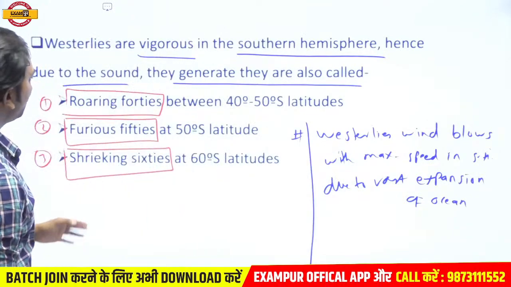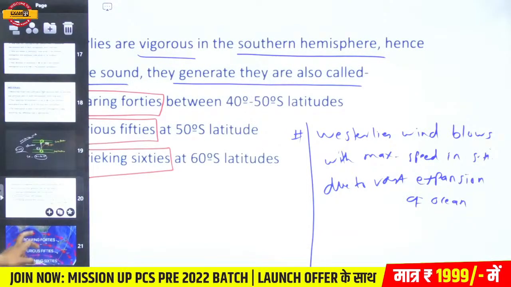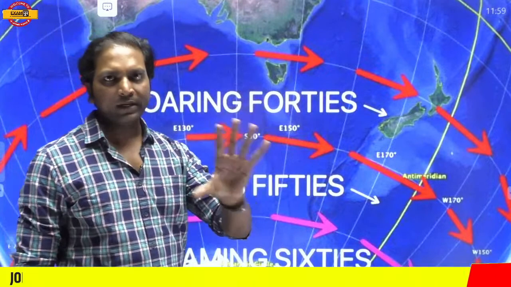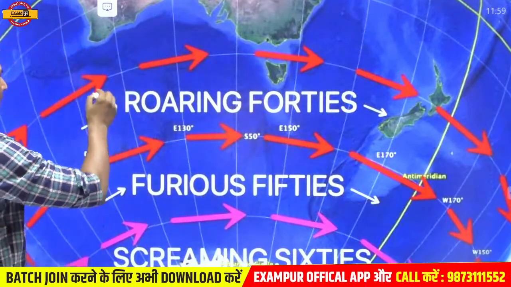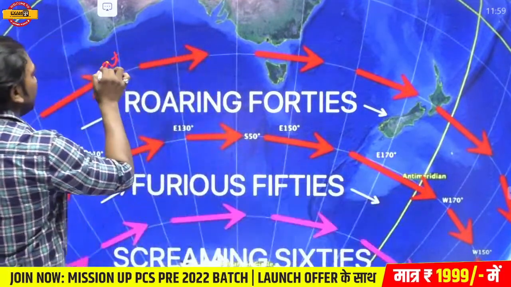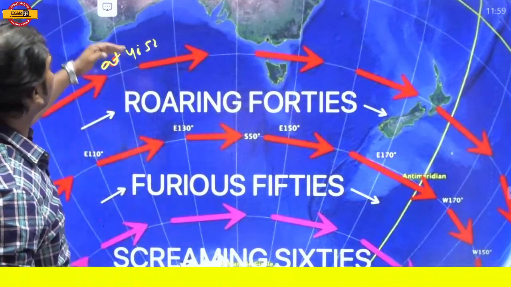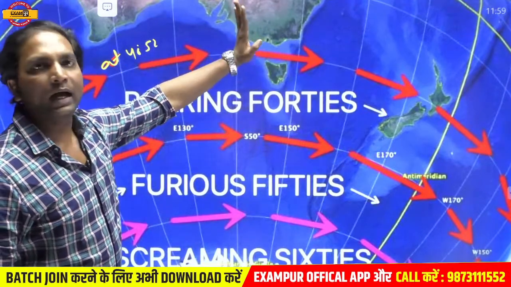So now you can see the roaring 40s, furious 50s and striking 60s. One more point, you can just see this region. I am also explaining it with one diagram. So here you can see at 40 degree south latitude, this is the part of Australia.